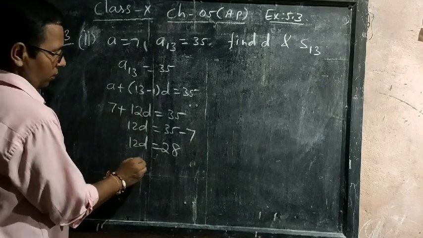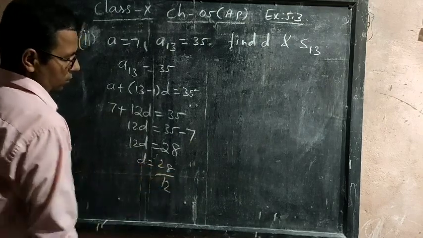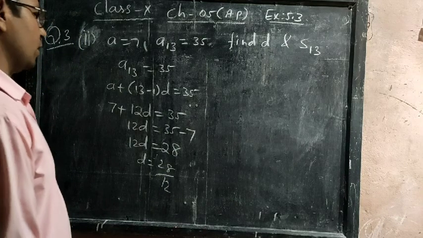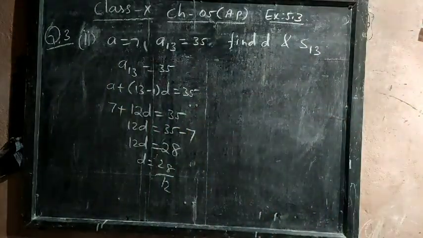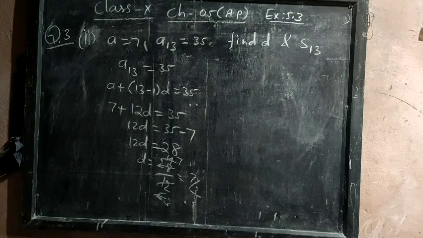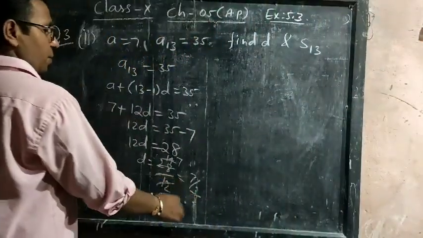So d is equal to 28 divided by 12. Simplifying this, students, we get the common difference d as 7 by 3.